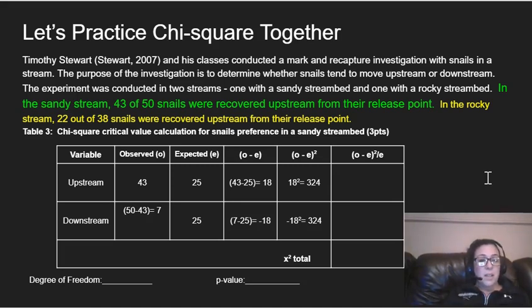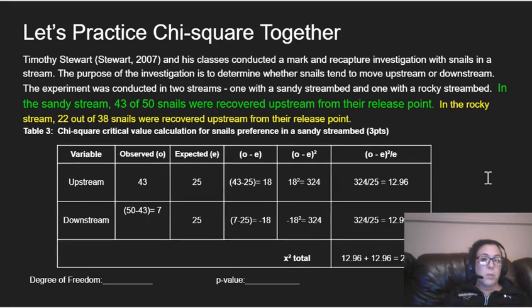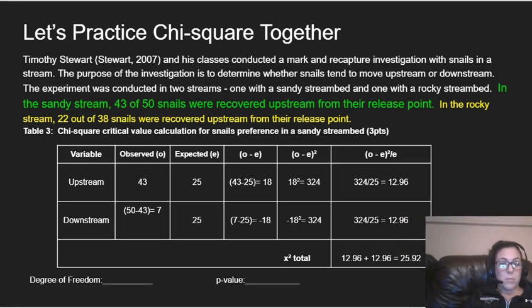And then finally, in our last column, we're doing observed minus expected squared divided by expected. So that would be 324 divided by 25, because remember, 25 is our expected value. So our upstream value would be 12.96. The same thing for our downstream, 12.96.